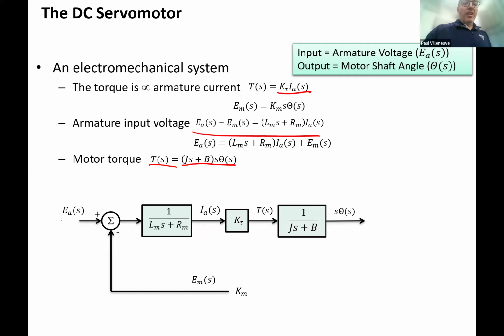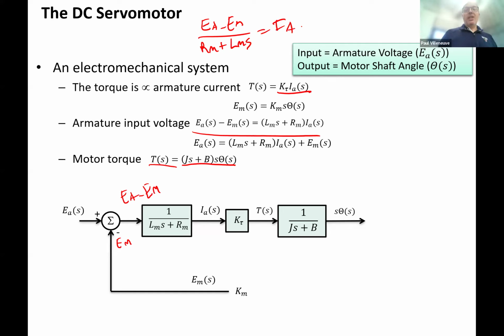So my input voltage is going in here. I run that through here, and then I've got my IA term. This is my IA, right? Because EA divided by this term becomes IA, once I subtract EM. So this is EA minus EM, and if I divide it by RM plus LM times S, that equals IA.